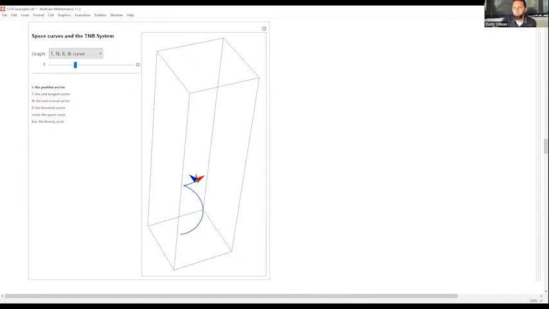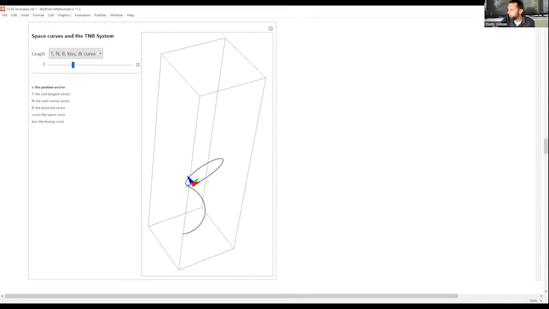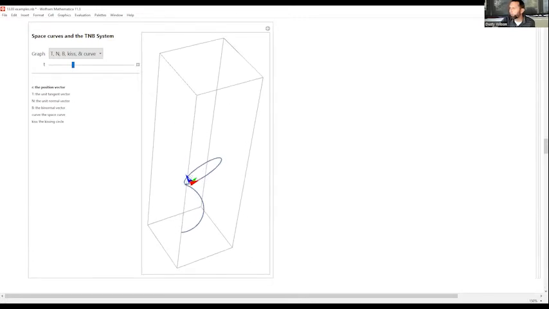Where this gets really cool is when we add that osculating circle in. So here's that osculating circle. You can see that the osculating circle is right on the plane formed by the green and the red vectors.